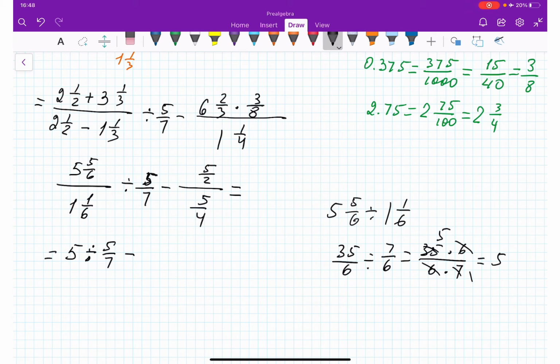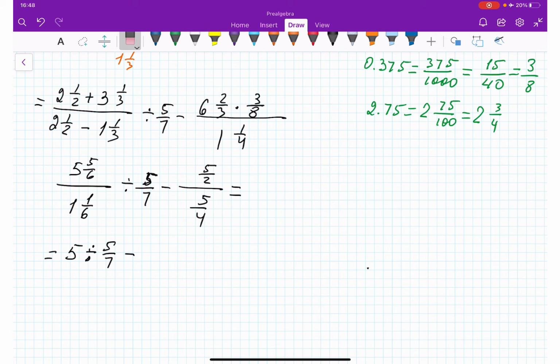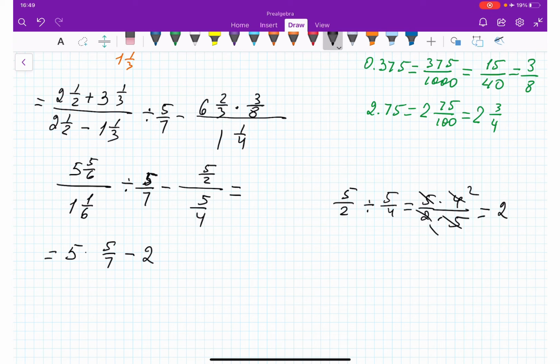And subtract. Now let's do this division. 5 over 2 divided by 5 over 4. That's equal 5 over 2 times 4 over 5. This is 1, this is 2, this is gone, and we are getting 2. So what do we have? 5 divided by 5 over 7 and minus 2.